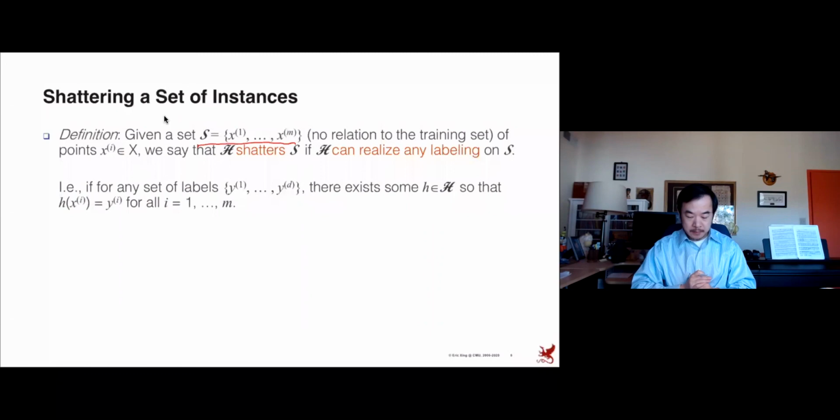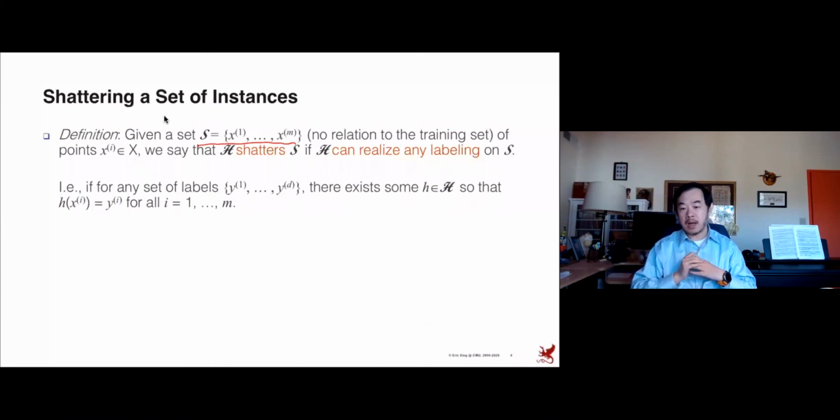Then let's define the game. I am given M data points, and then I am going to provide a hypothesis space. Say it's a line, or a plane, or a circle, or whatever. I'm going to name one.